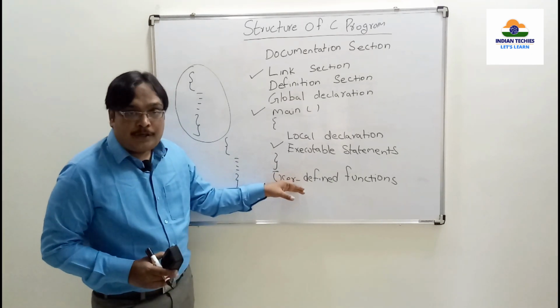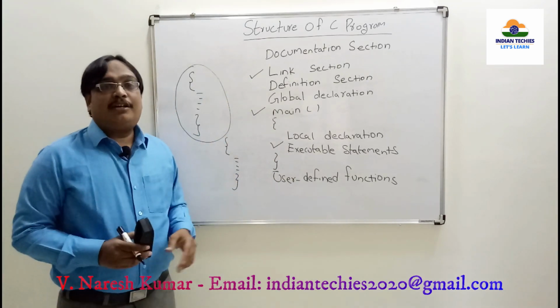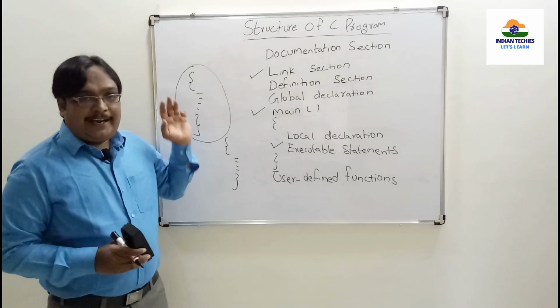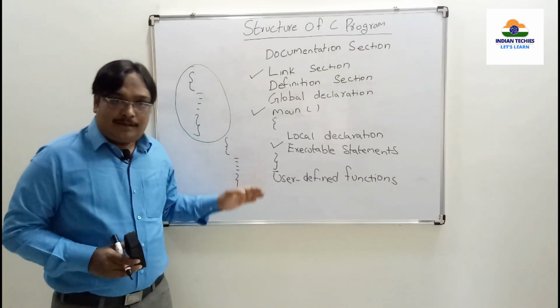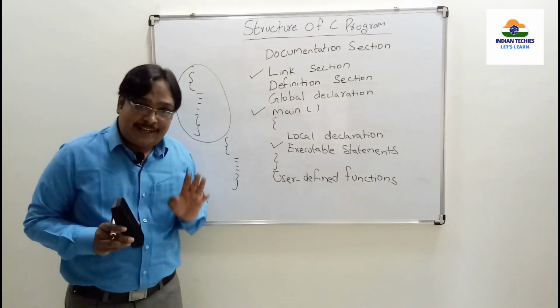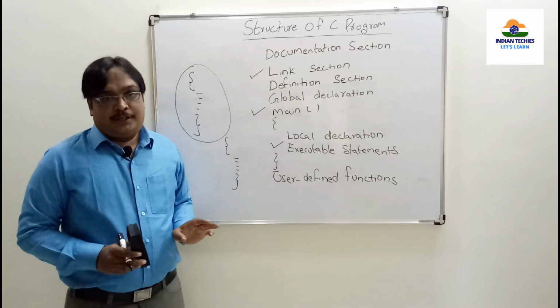This is also optional, right? So this is the whole structure of C programming, right? Again I am telling you, all these parts are not mandatory. Only link, main and executable statements are mandatory. All the remaining fields are optional.